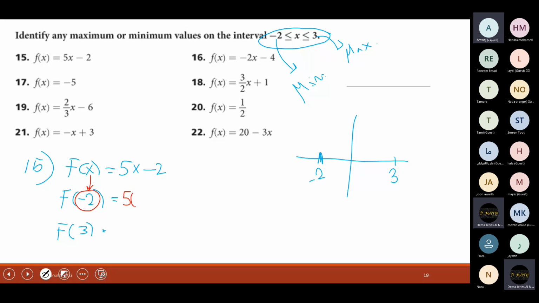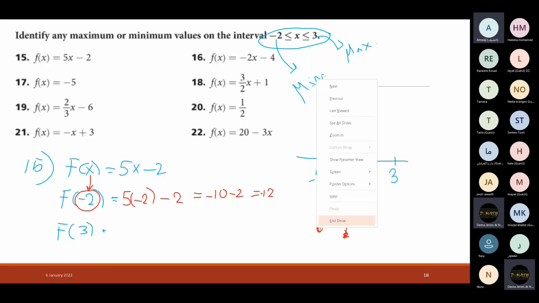So 5 times -2 minus 2. Now 5 times -2 is -10, minus 2 is -12. So when x is -2, y is -12. So here is the point.